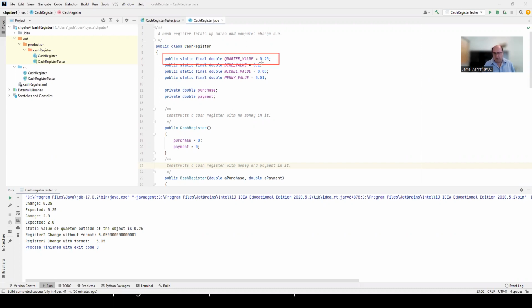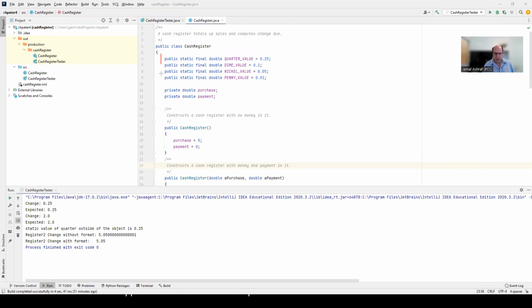And now this quarter value can be used in other classes, other programs, other places by calling the name of this class and then quarter value. And again, I want to emphasize that it's all uppercase and the words are separated with underscore.